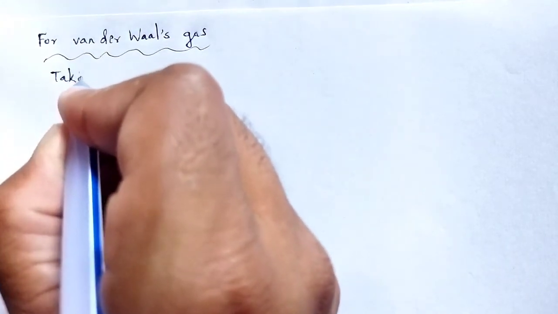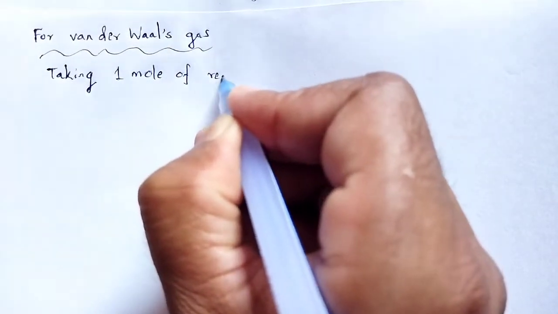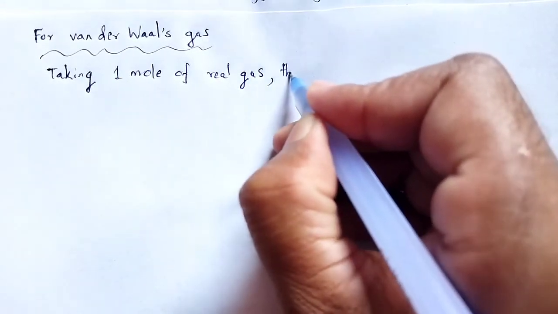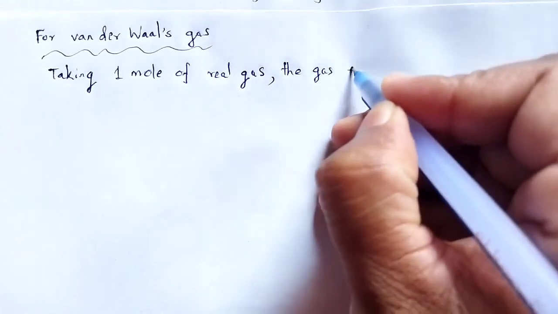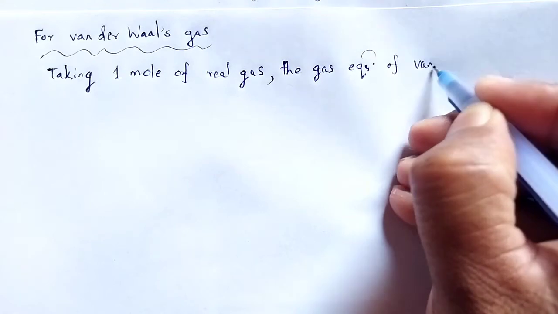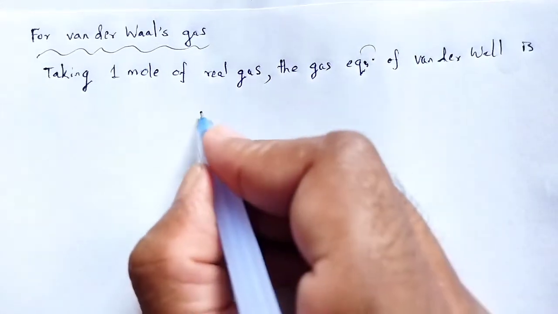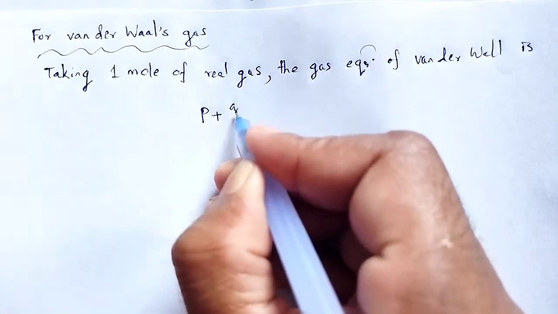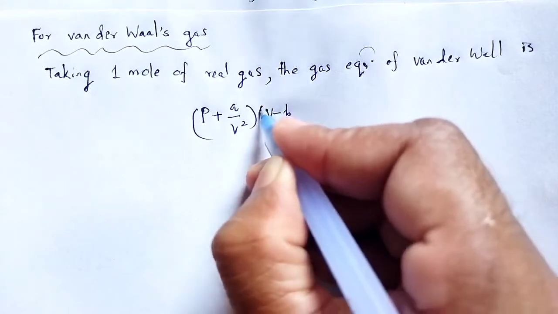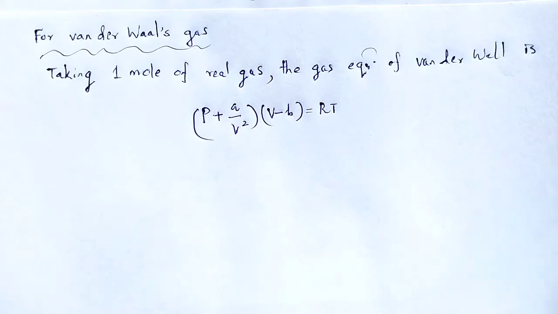The gas equation of van der Waals is (P plus a by V squared) into (V minus b) is equal to RT, where a and b are constants as we know.